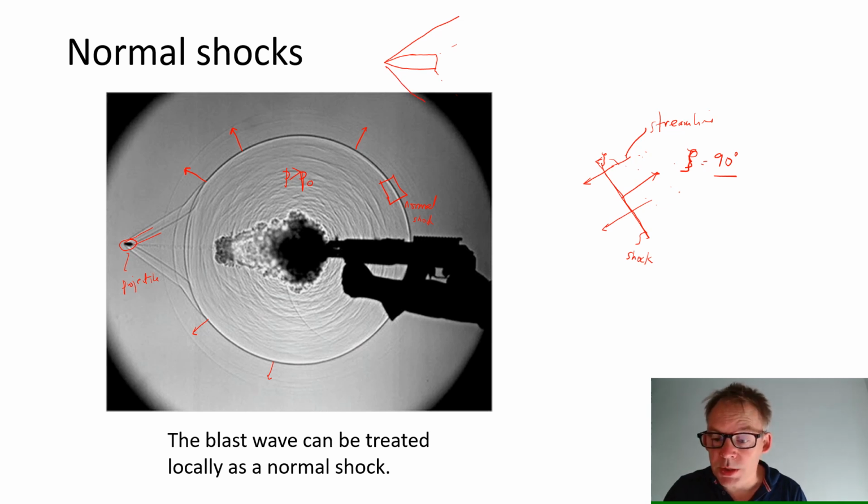Relative to the bullet moving on, if we're looking at the frame of reference, the streamlines will look like this. Because the streamlines have an angle zeta, which is certainly less than 90 degrees, this is an example of an oblique shock. We're going to focus on normal shocks, and the analysis is very similar, related.